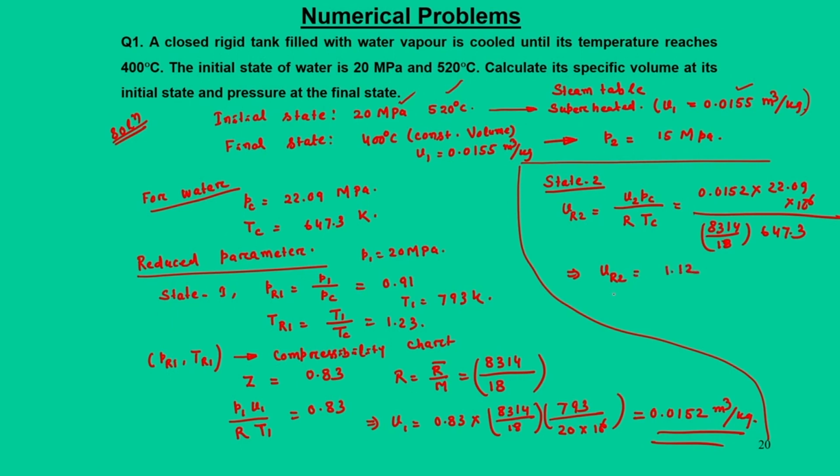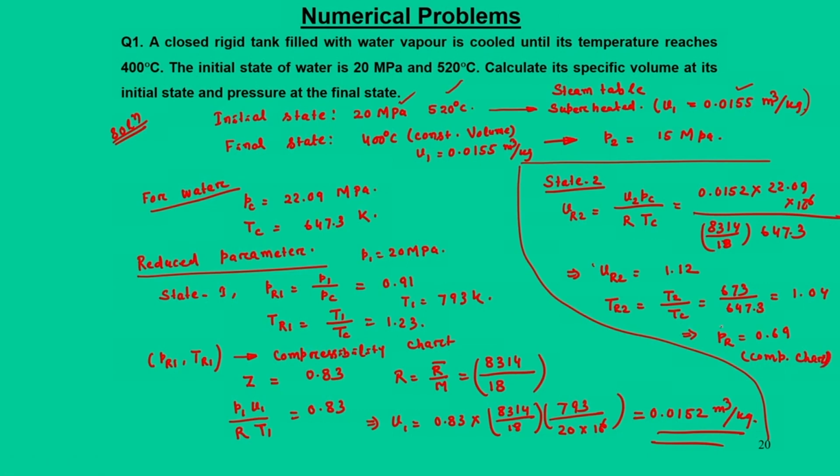TR2 we can find as T2 by Tc, that is 673 divided by 647.3, equal to 1.04. With this VR and TR data, the compressibility chart gives PR equal to 0.69.